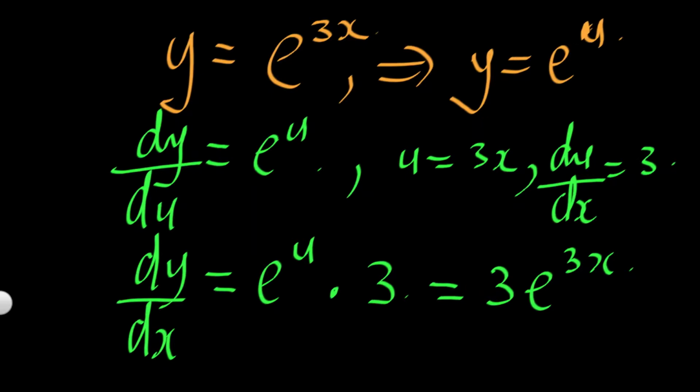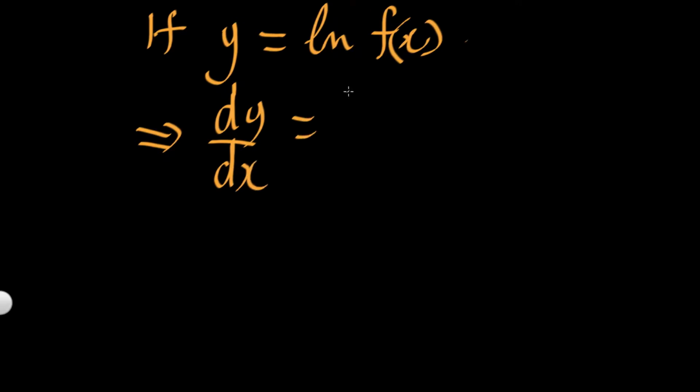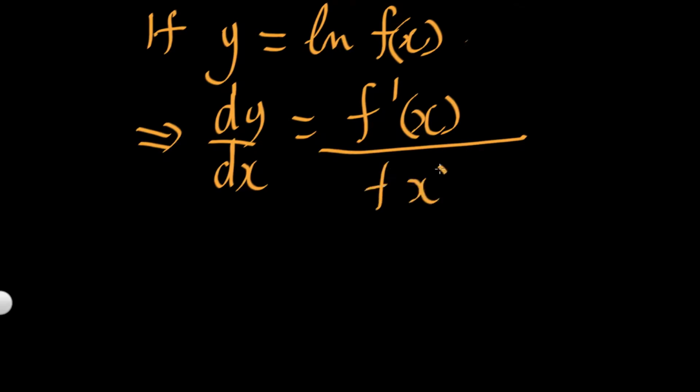You may be lucky that all these things that I'm mentioning are actually given on your formula sheets. You have some formula sheets written in this form where they say if y is equal to the ln of f of x, then dy/dx is equal to f prime of x over f of x.